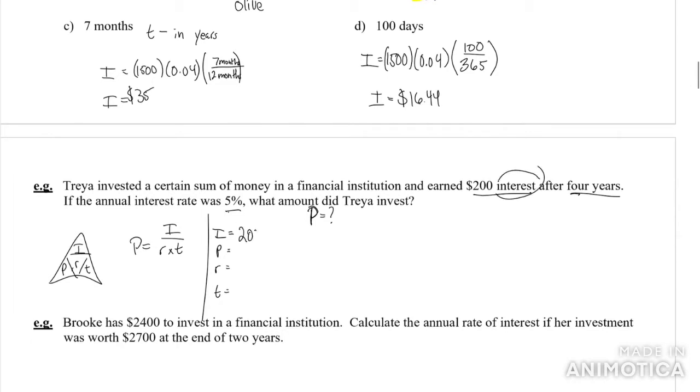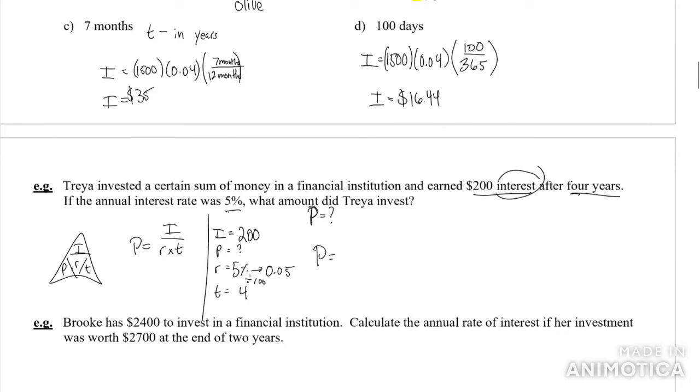So I can just put 200 in. 4 years, so T is time in years, so I can put 4. If the annual interest rate was 5%, I can put 5%, but I can't leave it as a percent, so it's 0.05. What I did here was I divided by 100.